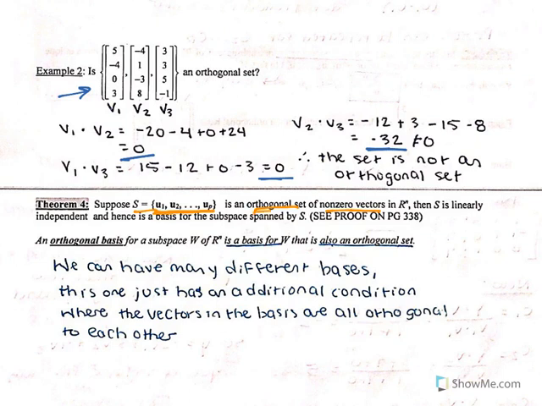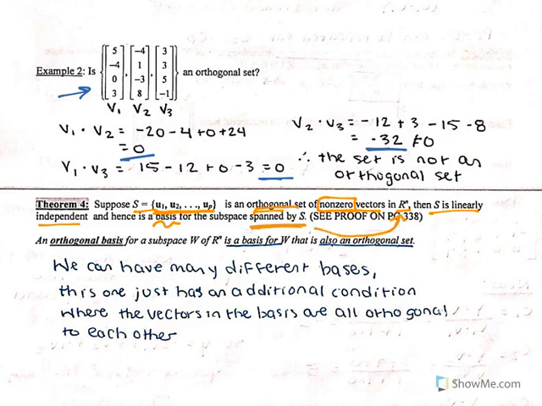But if we have an orthogonal set of non-zero vectors in Rn, then one, it's linearly independent. We knew that it couldn't be linearly independent if the 0 vector is in there, because the 0 vector itself is linearly dependent. But it is also a basis, and this is where I want you to be careful. It's a basis for the subspace spanned by S, not necessarily a basis for Rn.